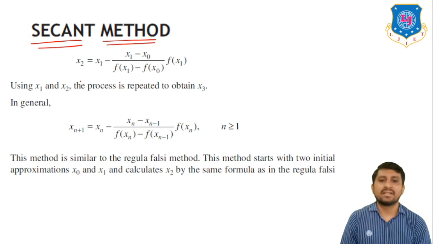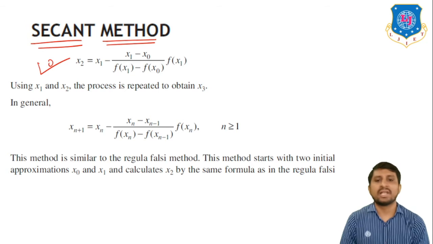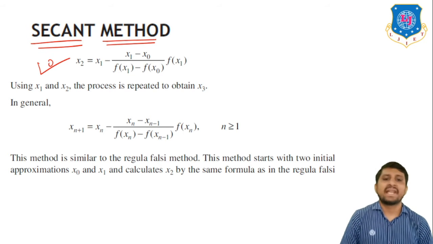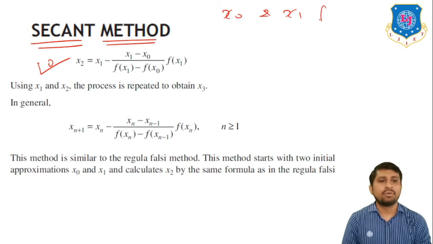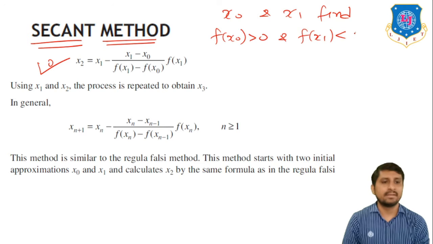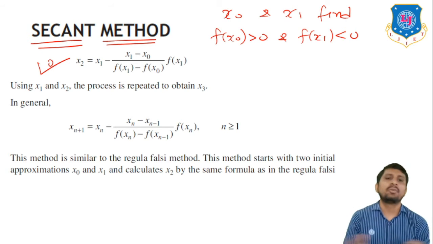For the secant method, you have to remember this formula. For the first approximation x2, first of all we need x0 and x1, which you have to find. Suppose f of x0 is greater than 0 and f of x1 is less than 0. That means your root lies between x0 and x1, and vice versa: suppose f of x0 is less than 0 and f of x1 is greater than 0.